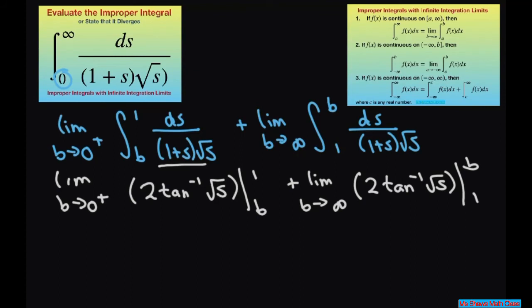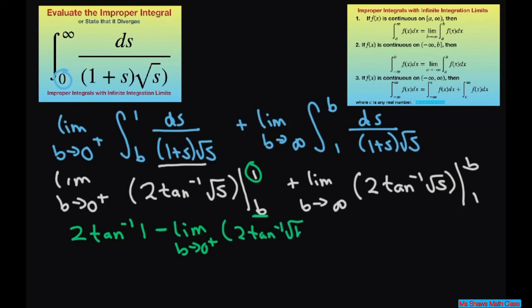All right, so the first part, when you substitute in 1, you're going to get 2 inverse tan of 1. When you substitute in the b, we're going to go ahead and write this as the limit as b approaches 0 from the right. We have 2 inverse tan of square root of b. Plus, now we do this one.